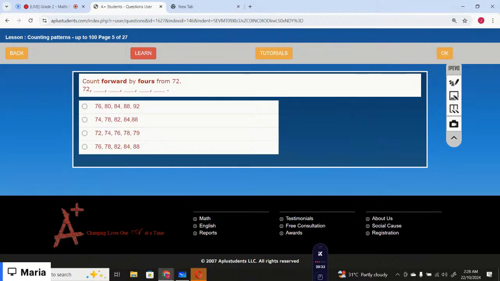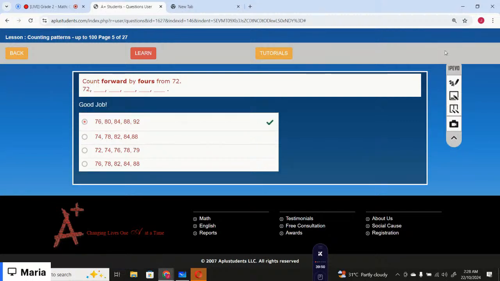You have to count by fours, right? So, 72 plus 4 makes 76. 76 plus 4 makes 80, 84, 88, and 92. So, option number 1 is the correct option.